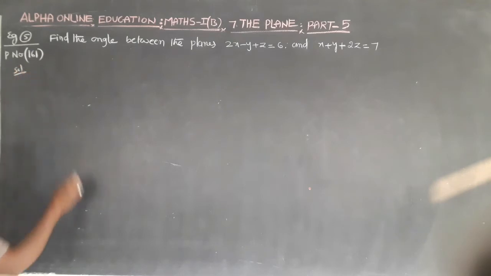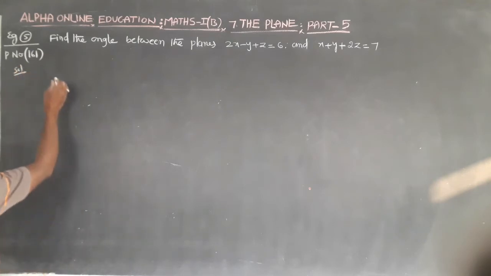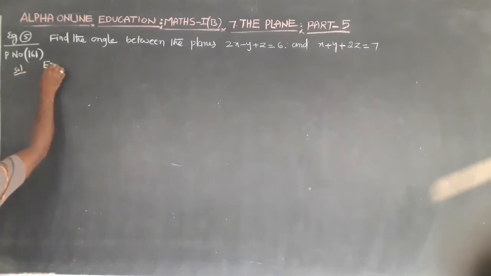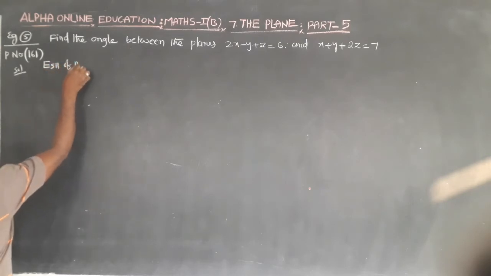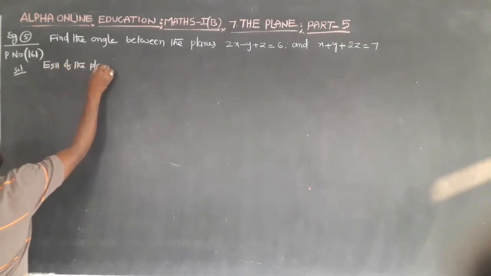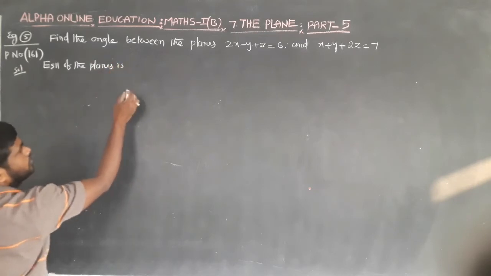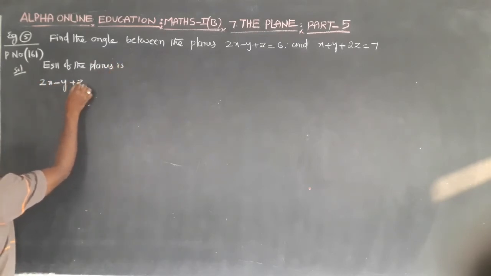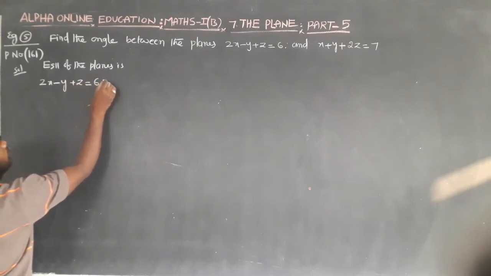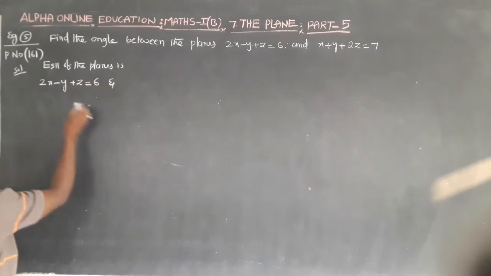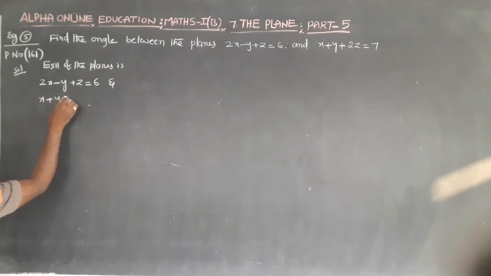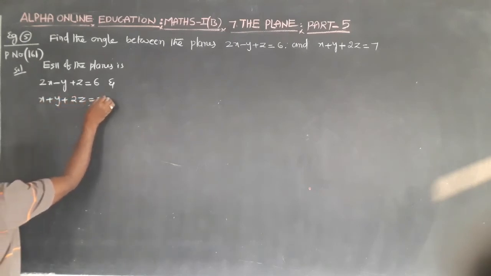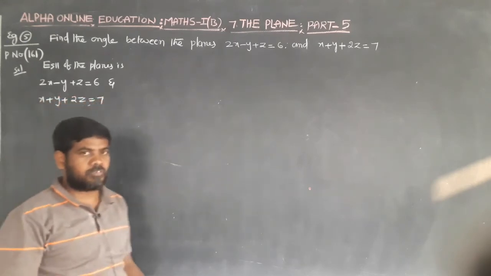Here given equation of the planes is: first one is 2x minus y plus z is equal to 6 and x plus y plus 2z is equal to 7.